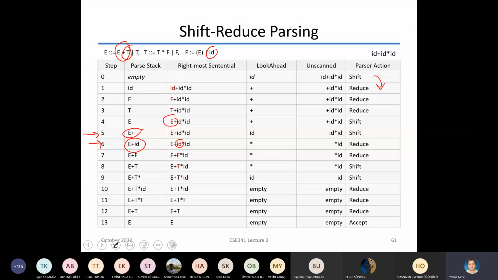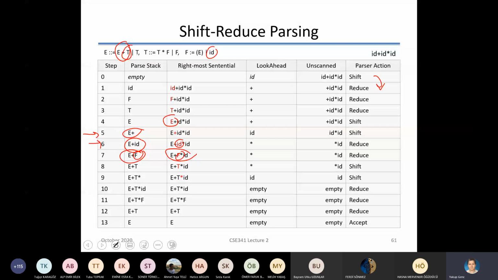Okay, that means that ID can go to F, and F, E plus F times ID. I still have an F here. This is in this one here. I can still actually have this one as one of the right hand side of my rules. That goes to T. E plus T is okay.